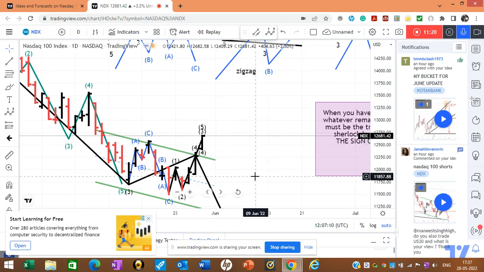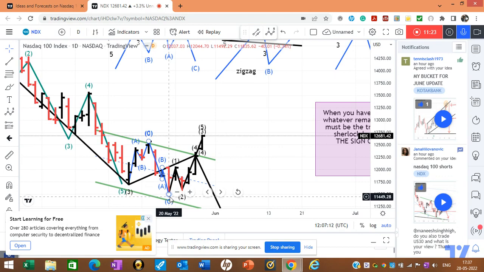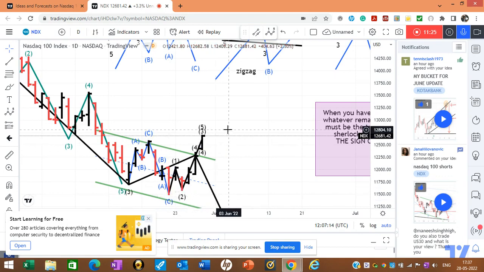Now, how much correction? In an expanded flat correction, wave C can go to the extent of 165% of wave A. The book says, the guidelines basically say that 165% is what we should look for.